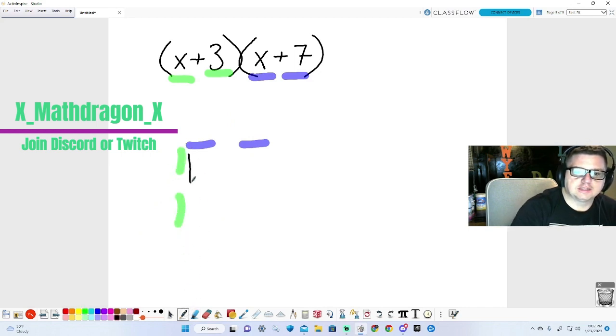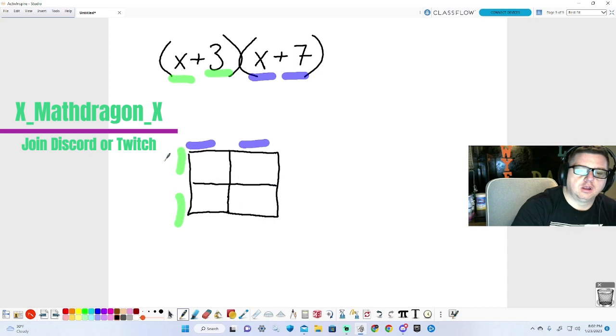So that when I set this box up, I now have 2 columns and I now have 2 rows. And I've got an x plus 3. I've got an x plus 7. And then I multiply the row times the column. Row times the column. Row times the column. And then row times the column.